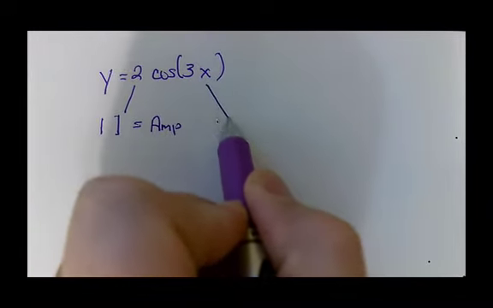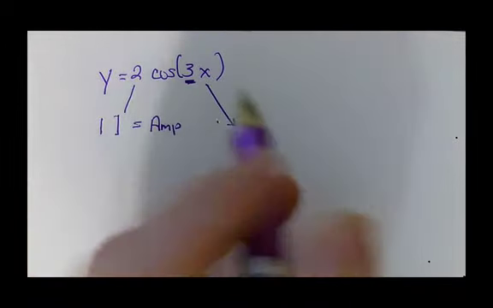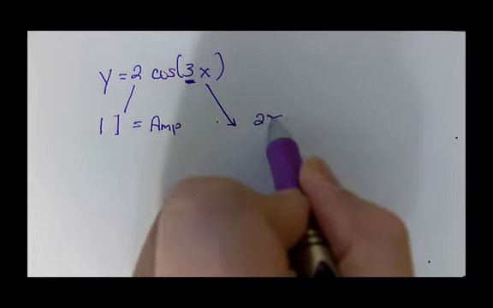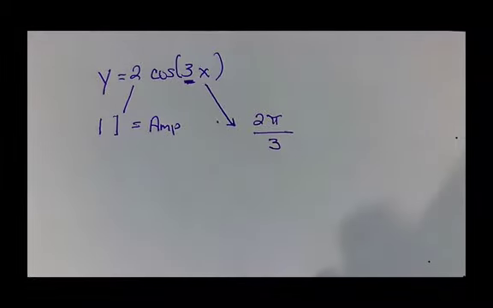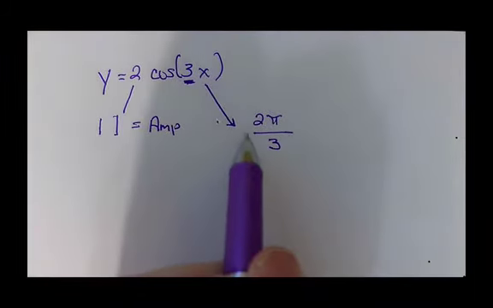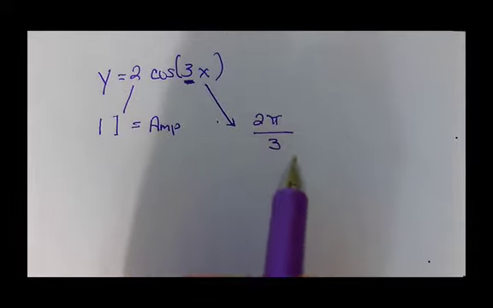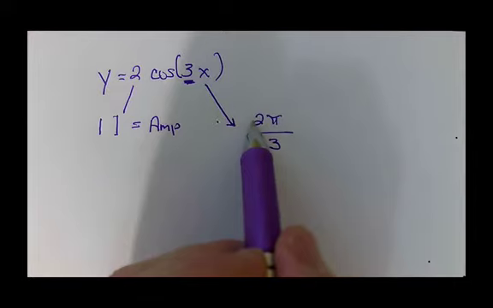Here, we take this value, whatever it is, and we put that under the 2 pi. In this case, there's no further math function that I have to do at this point, so I can say that my period goes from 0 to 2 pi over 3.